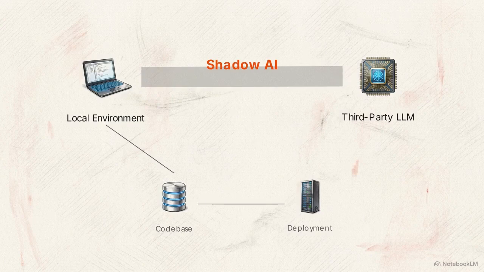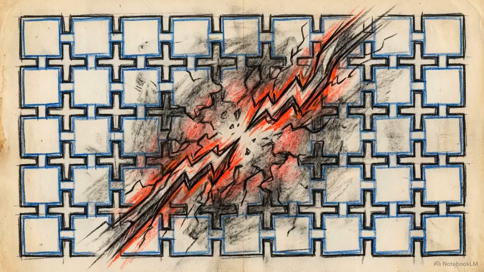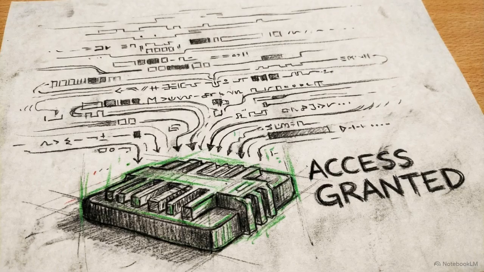That proprietary data is permanently absorbed into the vendor's training set, potentially surfacing verbatim in autocomplete suggestions for competitors. The connection also introduces the inbound risk of prompt injection from external threat actors. Attackers can feed crafted inputs into the model to manipulate its behavior, forcing the AI to bypass its own safety guardrails, reveal hidden system instructions, and exfiltrate sensitive local information.